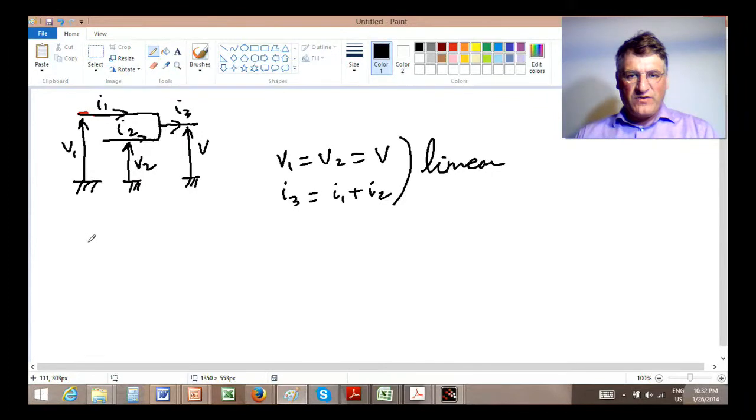So, for example, if we take two pieces of wire and we mount them like this in series, and there is some equipment here and some equipment there, such that the voltage across this one is V1 and the voltage across this one is V2, then the voltage across both of them will be V1 plus V2.